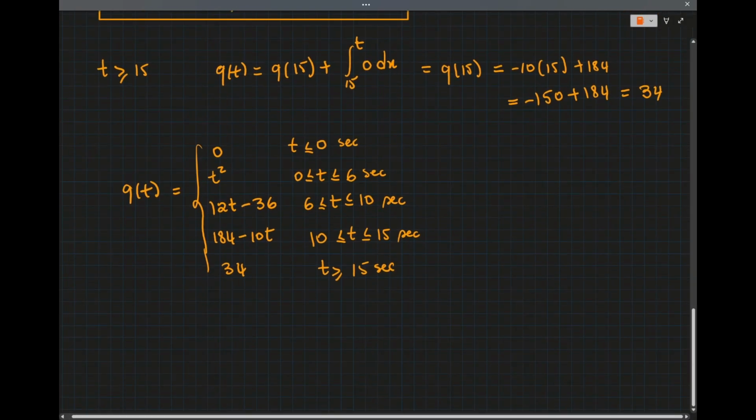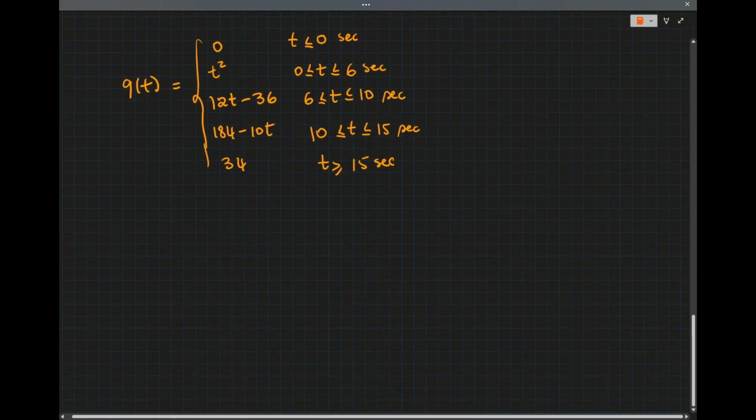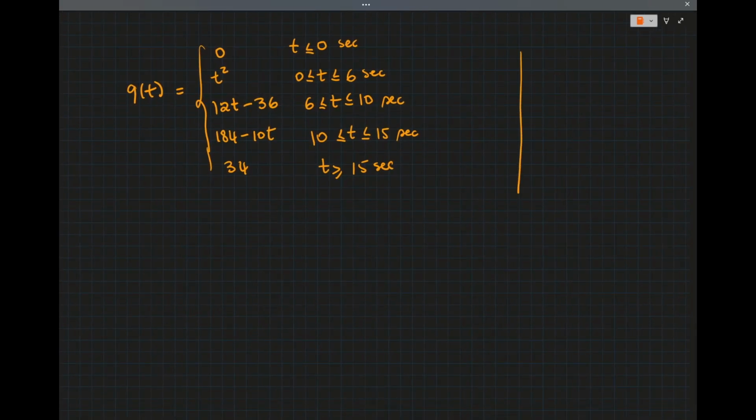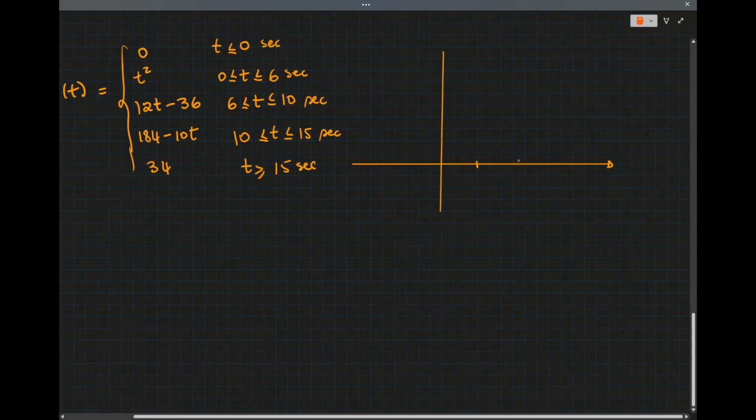Okay, so this was plotted. If we wanted to do it by hand, before I show you what we did by computer, we have this point.